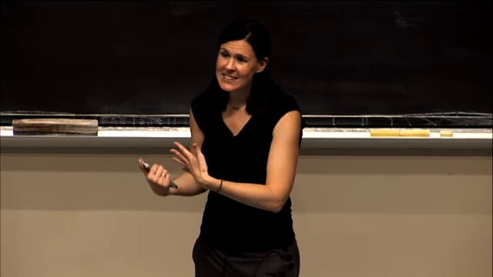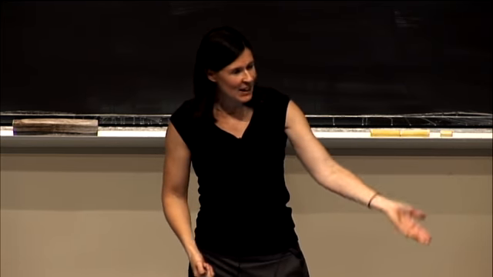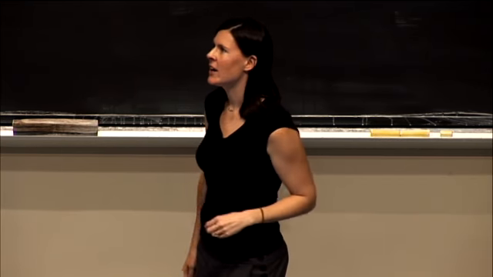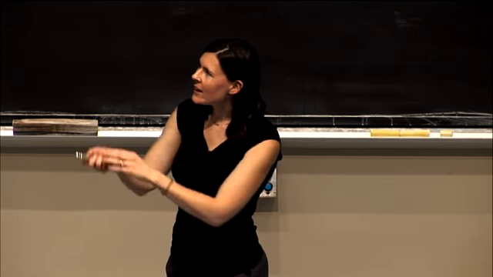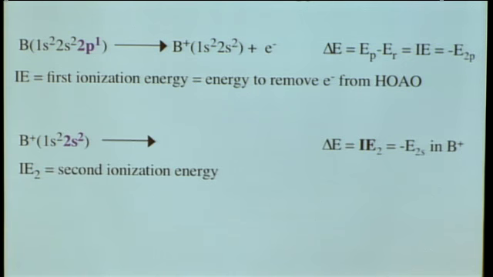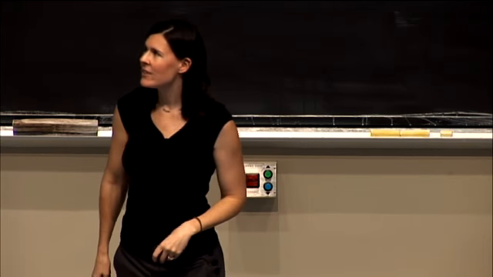So second ionization energy simply means you've already taken one electron out. Now how much energy does it take for you to take a second electron out? So in the case of boron here, what we're starting with is the ion, B+ 1s2, 2s2. And now we're going to pull one more electron out. The highest occupied orbital is now the 2s orbital. So we're going to end up with B2+ 1s2, 2s1 plus the electron coming out of there.